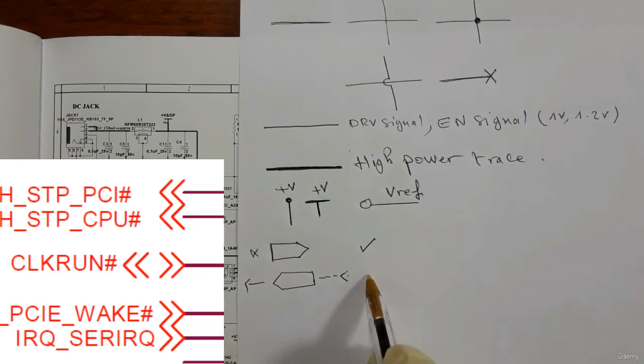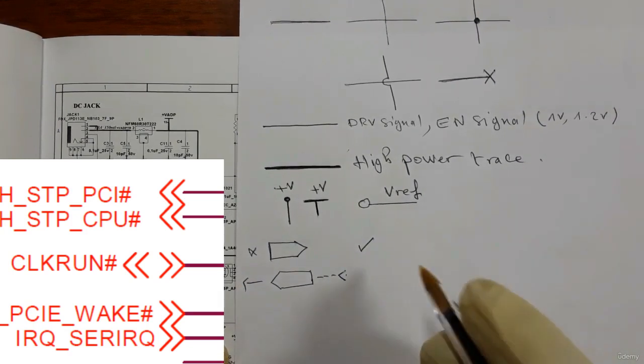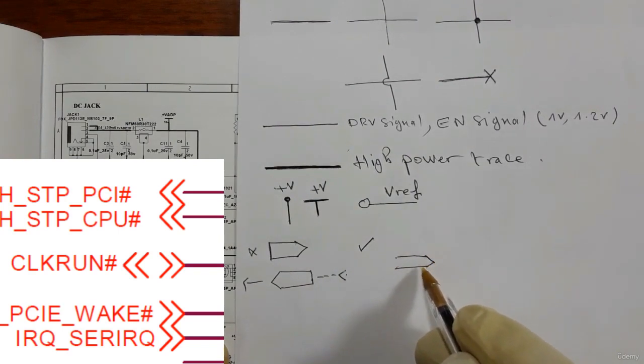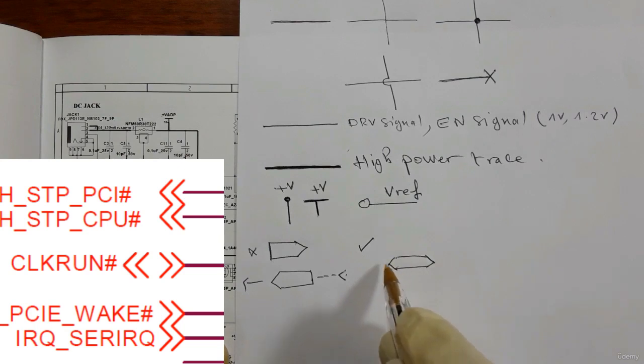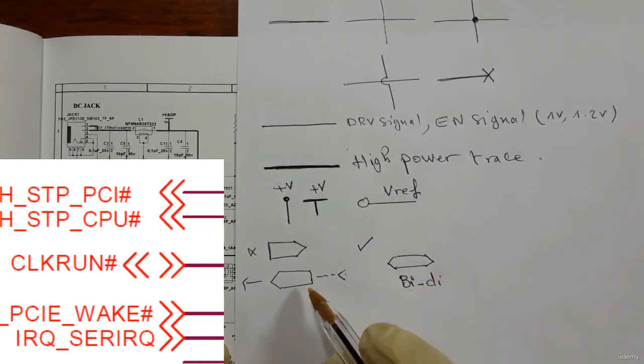For example, here we have a chip or a control IC, and here we have a MOSFET, so the signal goes here. But if you find this form, it means this is bi-directional, in both directions. The signal goes in both directions.